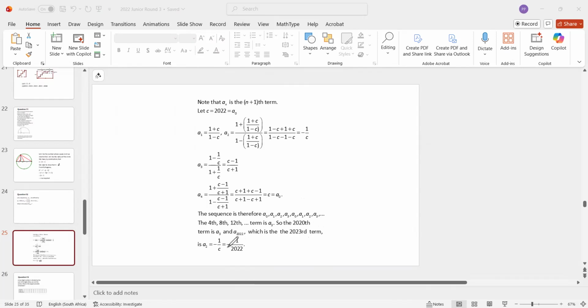Is A1. And A1 is minus 1 over C. Right. I was looking at this one here, but this is really A1. This is the 2020, 2021, 2022 will be A1.